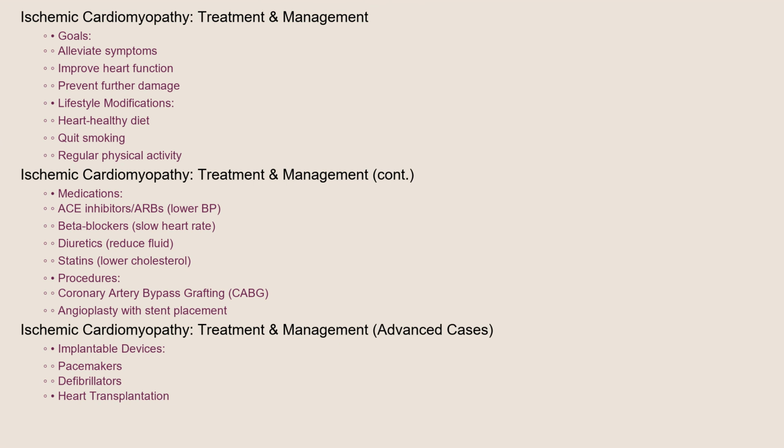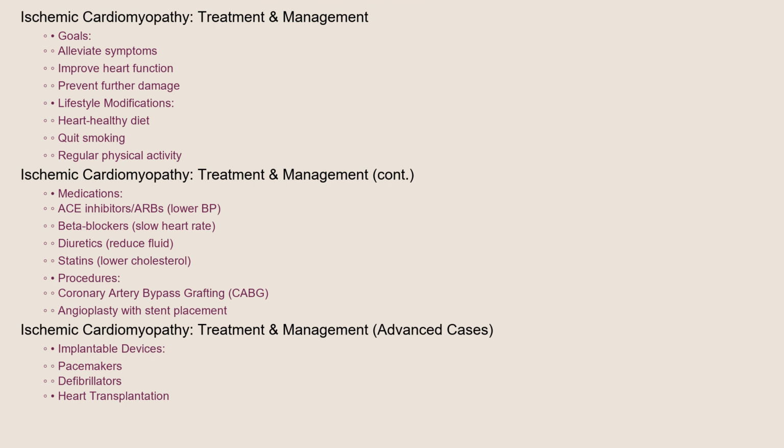Treatment and management of ischemic cardiomyopathy aim to alleviate symptoms, improve heart function, and prevent further damage. Lifestyle modifications, such as adopting a heart-healthy diet, quitting smoking, and engaging in regular physical activity, are essential. Medications play a crucial role, and these may include ACE inhibitors or ARBs to lower blood pressure and reduce strain on the heart, beta blockers to slow the heart rate and improve its efficiency, diuretics to reduce fluid retention, and statins to lower cholesterol.